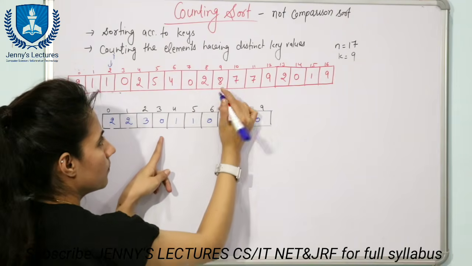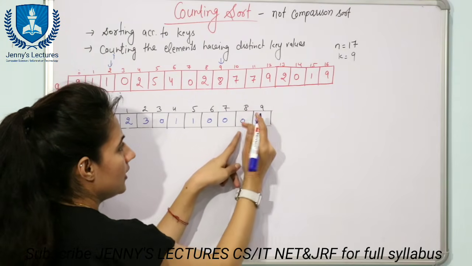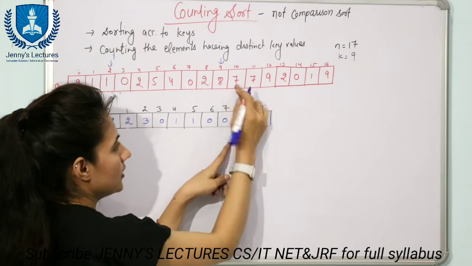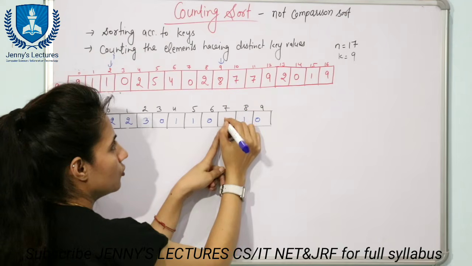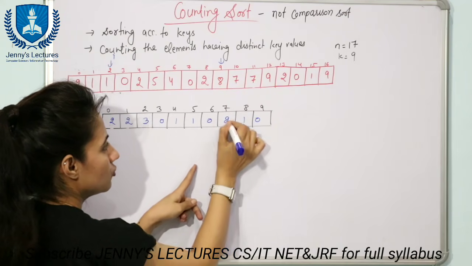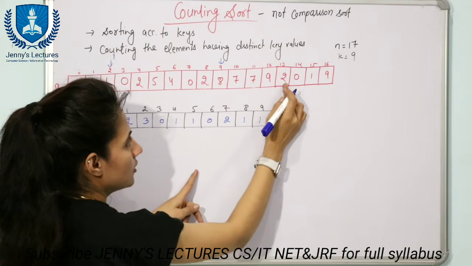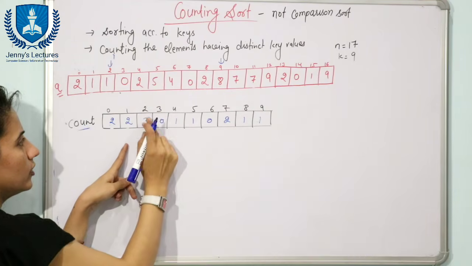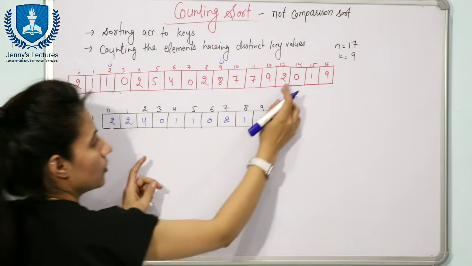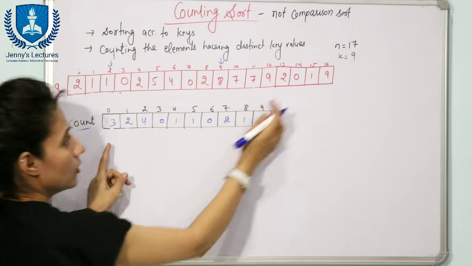Next is 8. Go to the index 8, increment this value. Next is 7. Index 7, increment this value. Next is also 7. Go to index 7, increment this value again. Next is 9. Go to index 9, increment this value. Next is 2. Go to index 2, increment this value, that is 4. Next is 0. Go to the 0th index, increment this value.